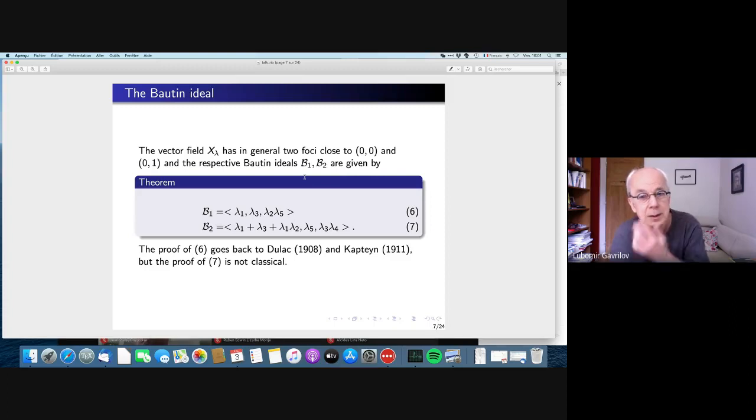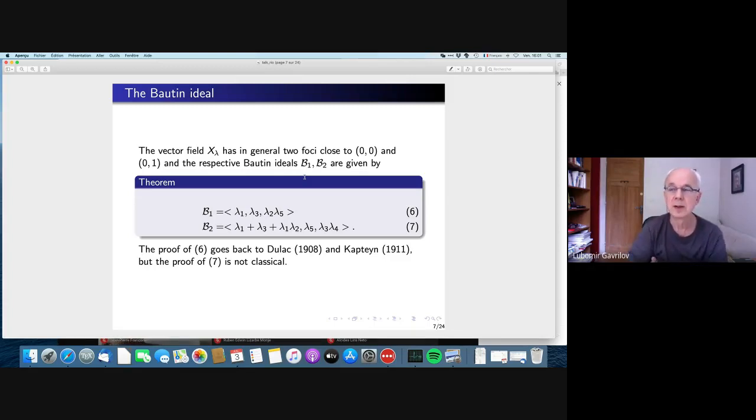So the idea is to develop with respect to the small parameter. The coefficient of epsilon to the power 1 will correspond to the coefficients of lambda 1 and lambda 3, while the coefficients of epsilon squared will correspond to the second term of the Bautin ideal.